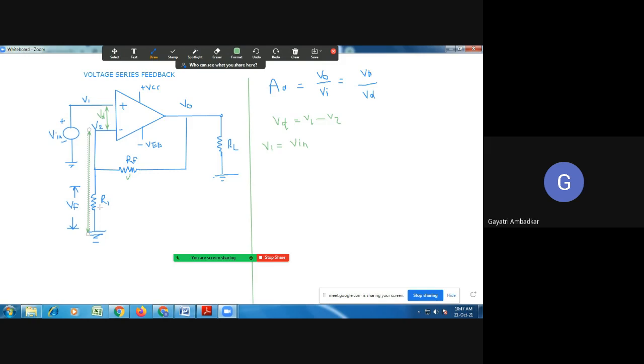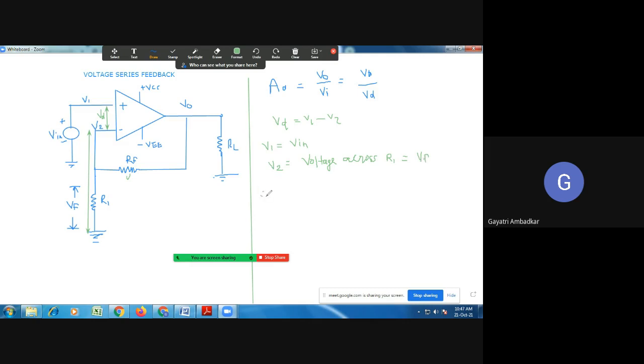So it's the voltage across R1, and that is nothing but your Vf.